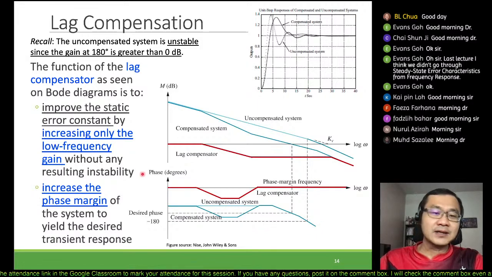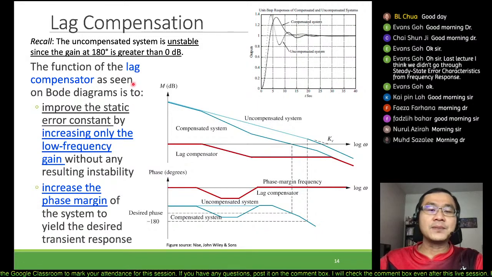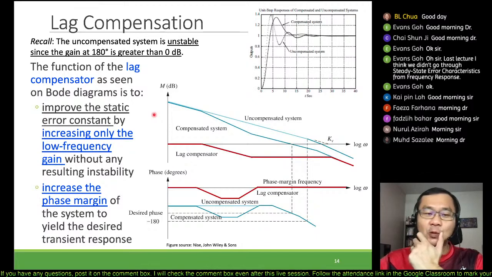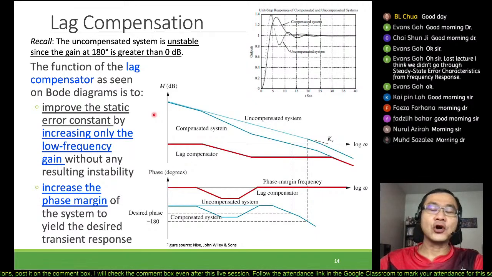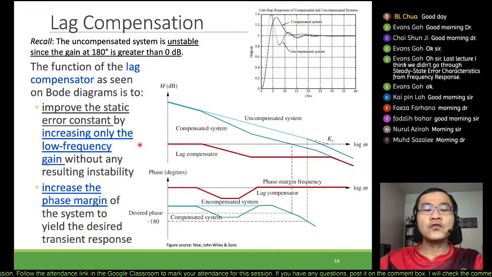So the functions of this lag compensator seem to be two purposes: either to improve the static error constant, which is the original intent, by lowering the low frequency gain.